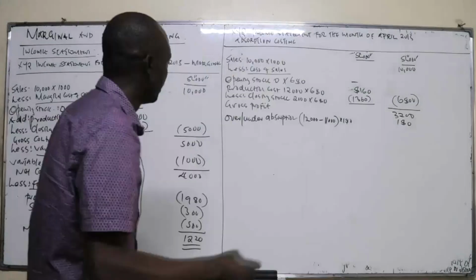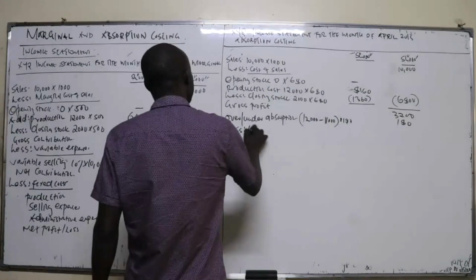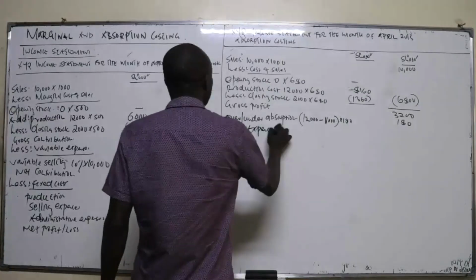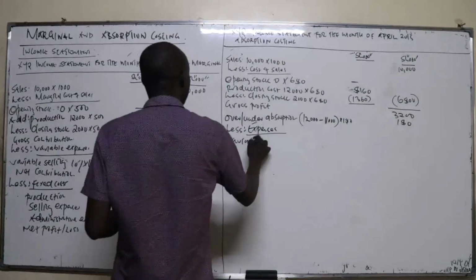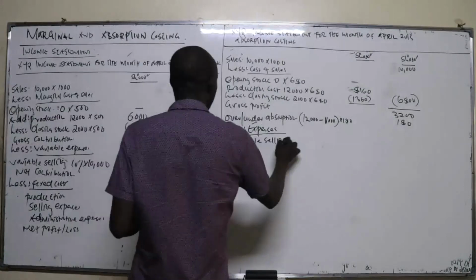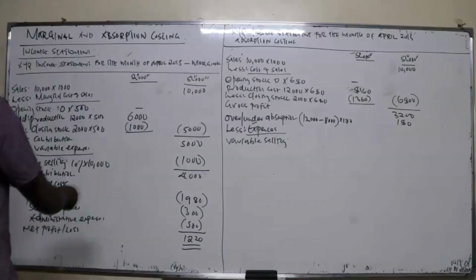Then you less expenses here. So the expenses, we have variable selling. Variable selling was how much? 1,000. So you less 1,000.